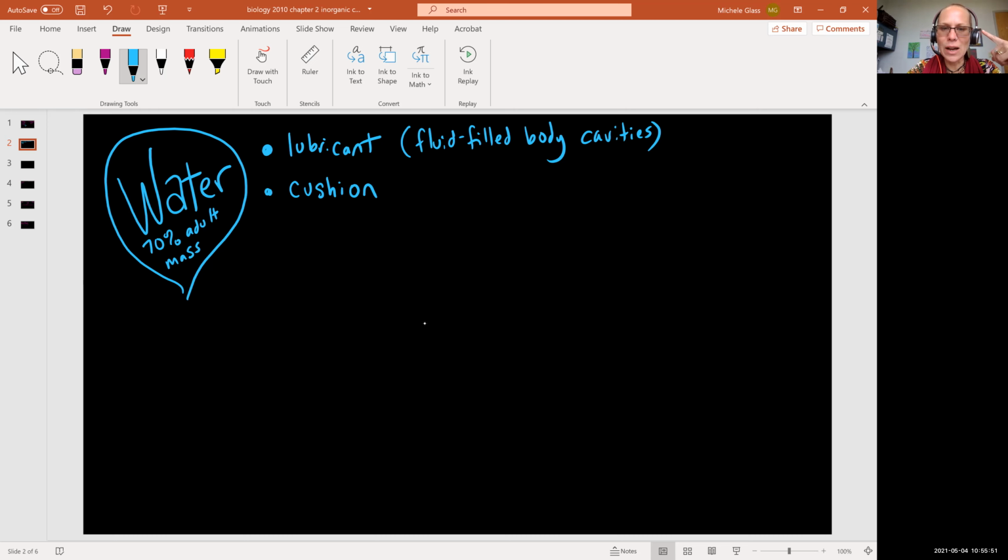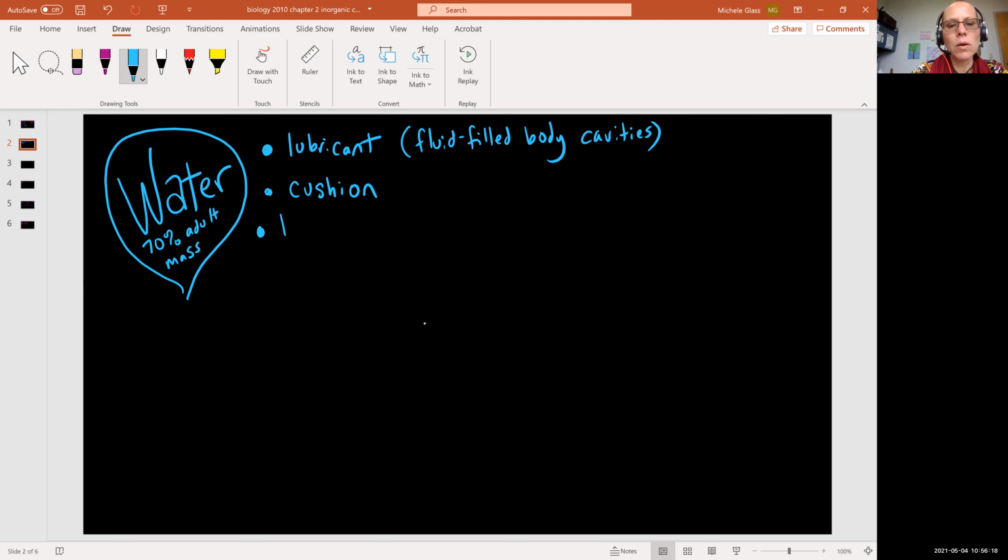This fluid is helpful in making our brain buoyant, so it's not so heavy and hard to lug around, but also as we move and shake and bounce, we don't have to worry about our soft brain tissue smashing up against that hard bone. So that's going to be an important feature.